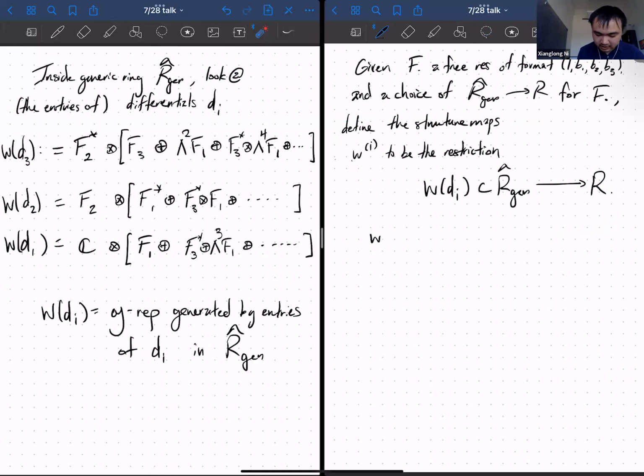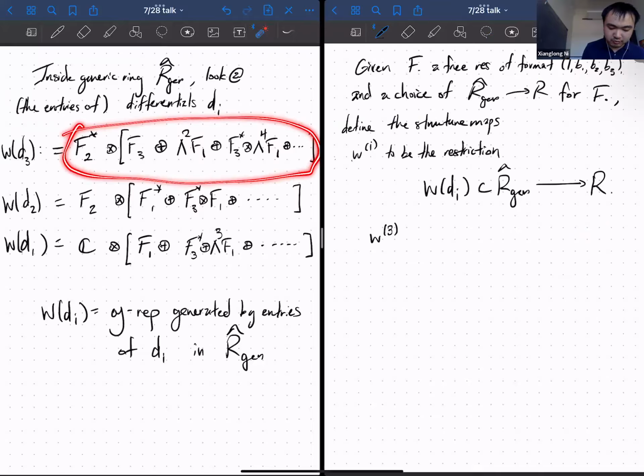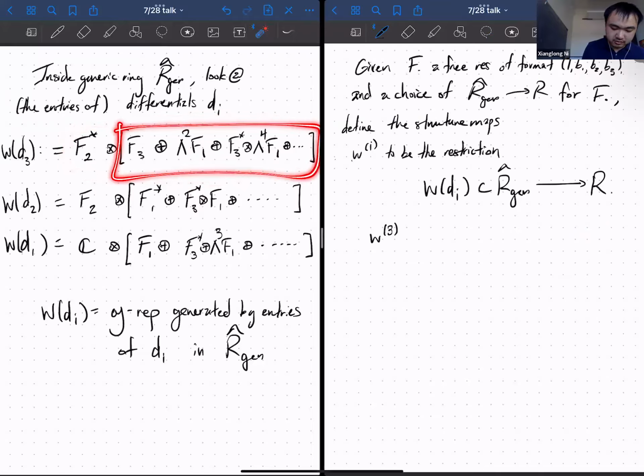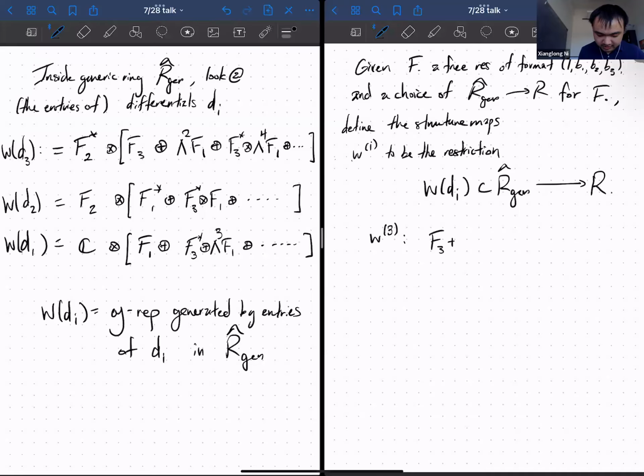I want to view W3 not as a map from this to R, but rather as a map from this to F2. So W3 is a map from F3 plus wedge 2 F1 plus ... to F2. So the first component of this map is a differential, the next component is this multiplication, and so on.